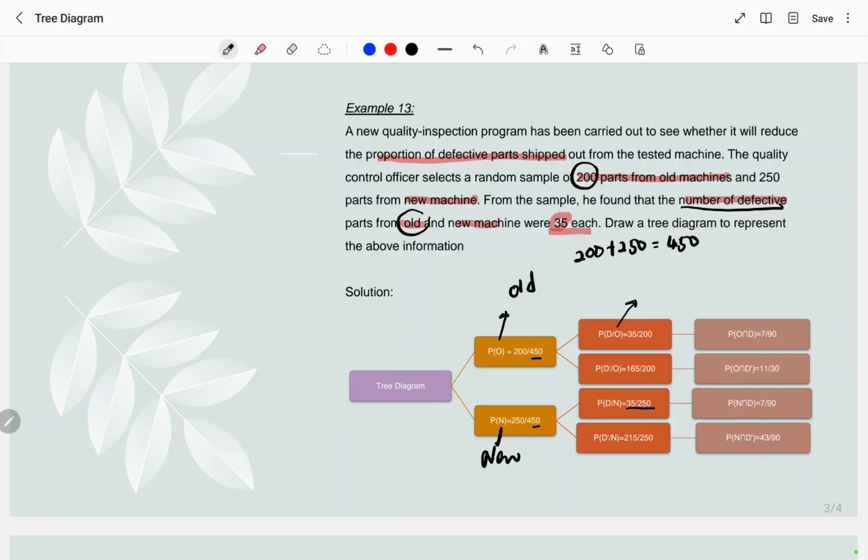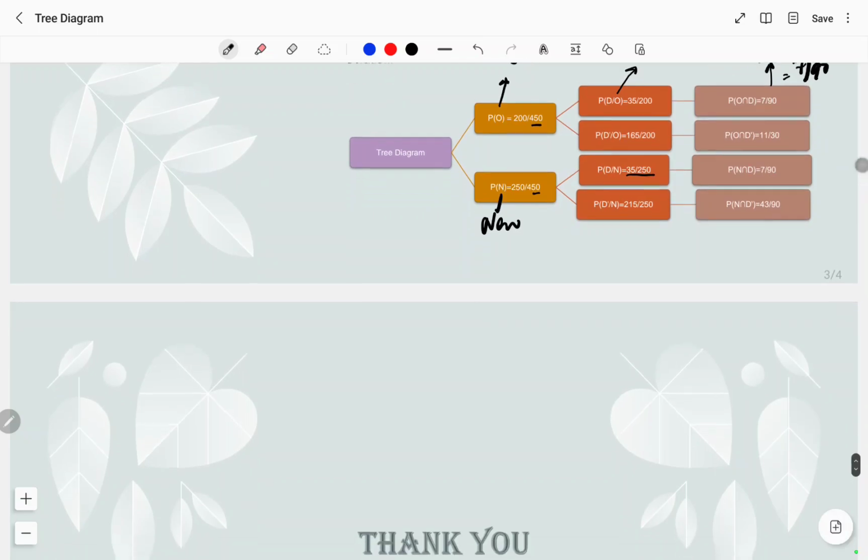When you want to find the probability, you simply apply the intersection: 200 over 450 times 35 over 200. You obtain 7 over 90, and you can repeat the same procedure for all the probabilities.